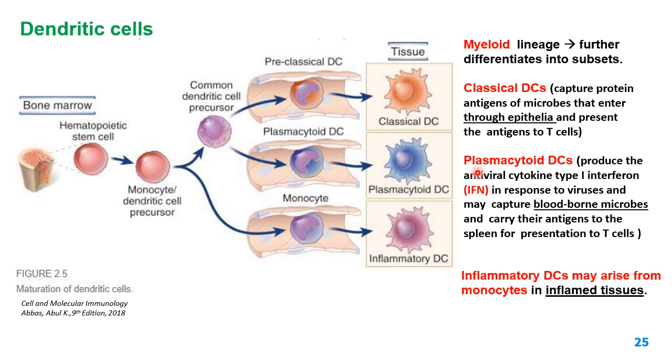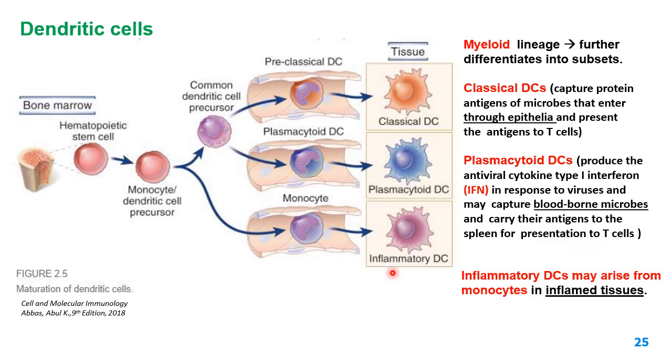So these plasmacytoid dendritic cells are important to fight viral infections, or blood-borne pathogens. They're running around in the blood, they catch a pathogen, and they go to the lymph and present to the T cell.